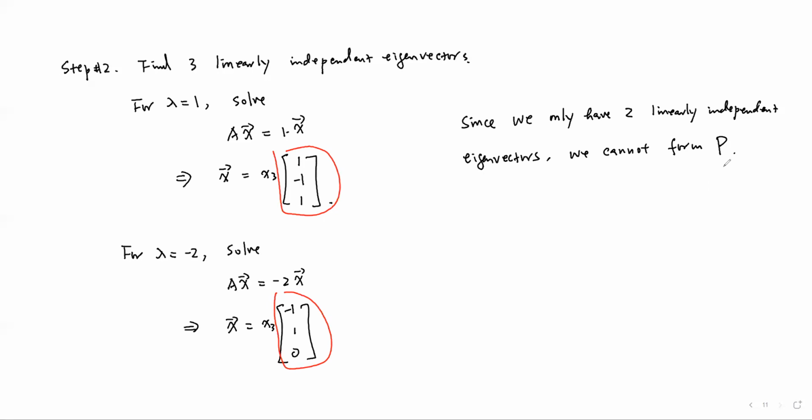We cannot form P. Therefore, the matrix A in this example is not diagonalizable. Done. So a matrix may or may not be diagonalizable. This is example 2.